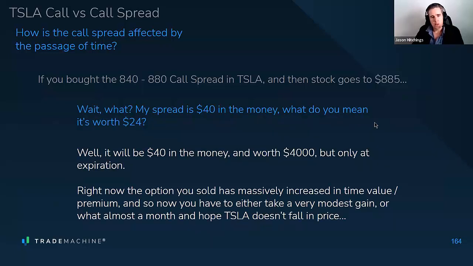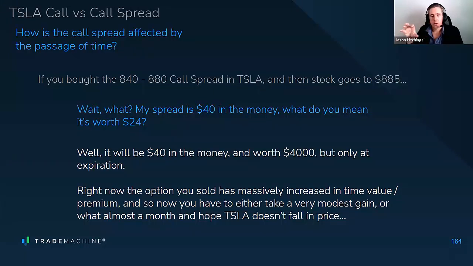And the reason is what we talked about, that the out of the money option that you sold is all of a sudden now the option with the most time value built into it. So that option, it didn't go up more than your option in absolute terms, but in percentage terms, it did.